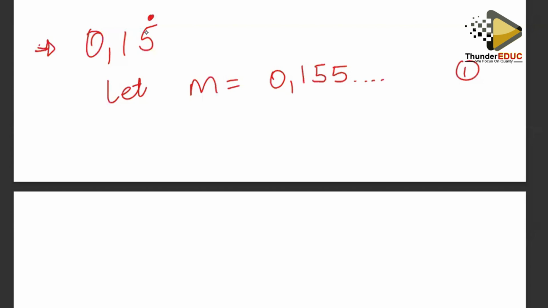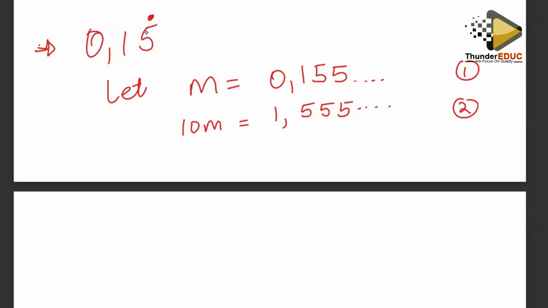Then I'll start by covering the number that is not repeating, which is just 1 digit. So it's going to be 10M is equivalent to 1, 5, 5, and 5. I'll call this equation number 2. Then it's time for me to cover the digit that is repeating.